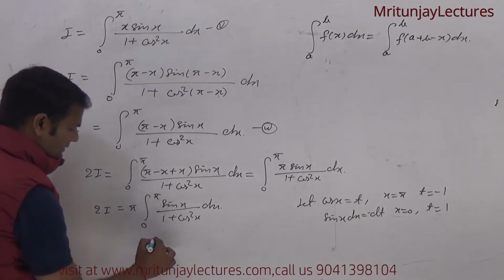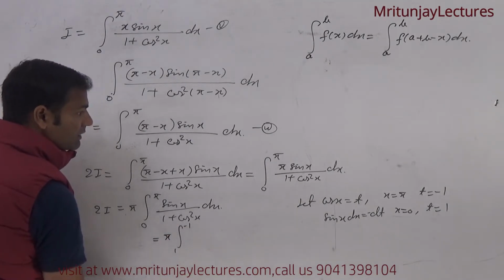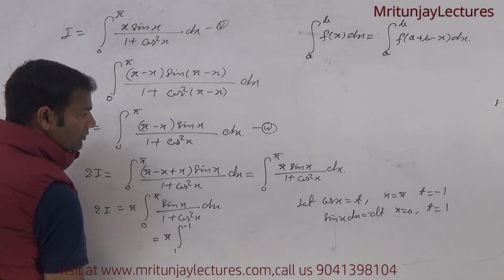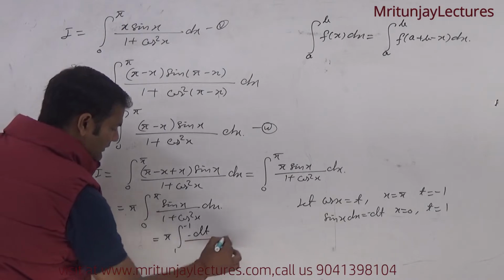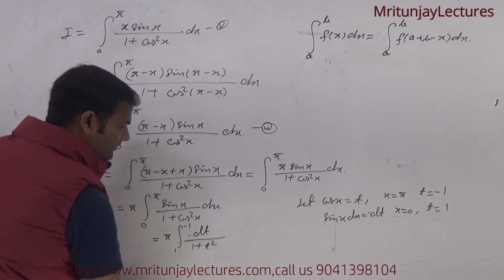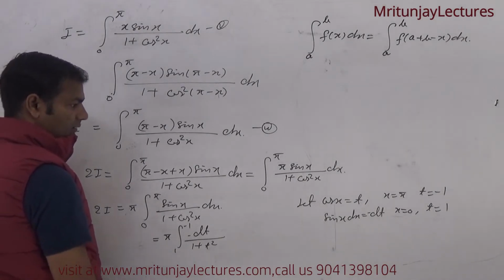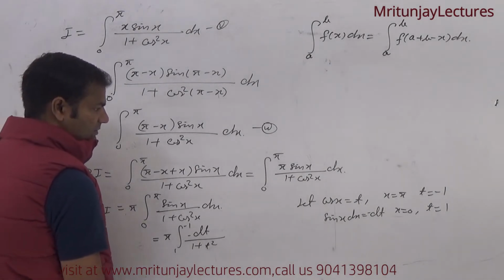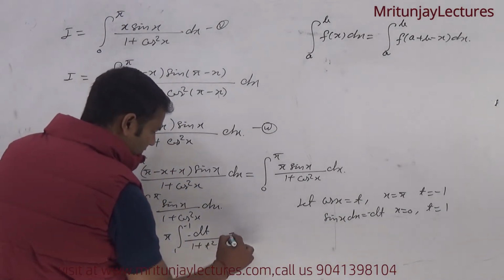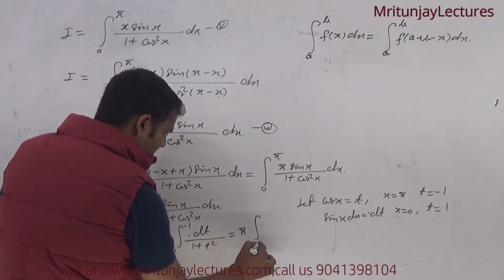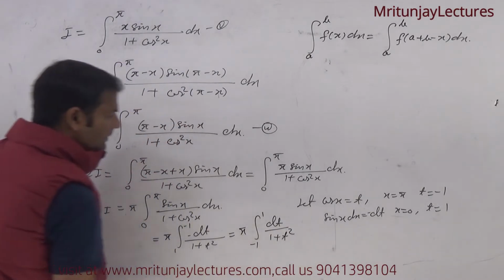So it is written as pi, integral from 1 to minus 1 of minus dt divided by 1 plus t square. After that, pi into the integral from minus 1 to plus 1 of dt divided by 1 plus t square.